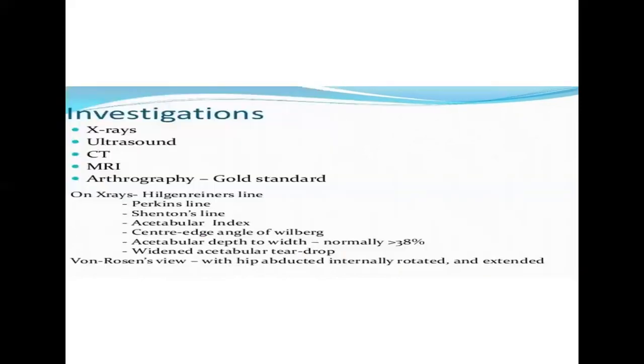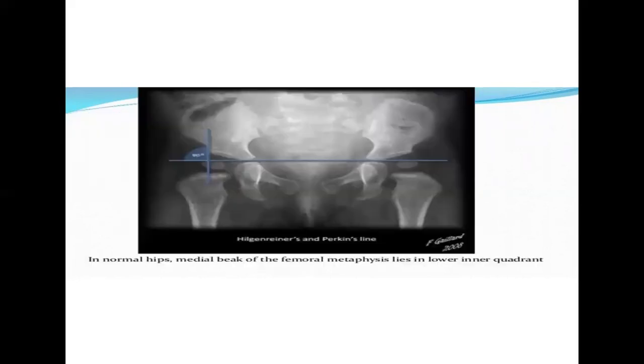Investigation: X-ray, ultrasound, CT, MRI, arthrography, the gold standard. On X-ray: Hilgenreiner line, Perkin line, Shenton's line, acetabular index, center edge angle of Wiberg, acetabular depth to width ratio normally 38%, widened acetabular teardrop, von Rosen's view with the hip abducted, internally rotated and extended.